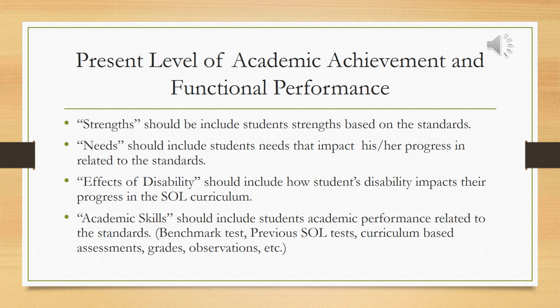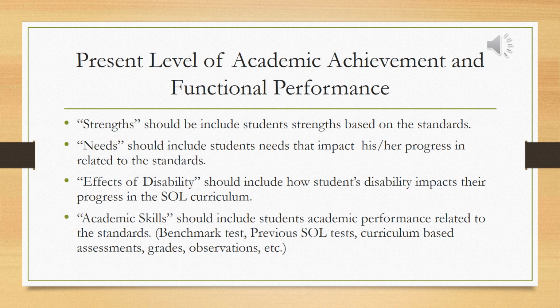When we look at the effects of the disability, we should include how the student's disability may impact their progress in the SOL curriculum. And when you're describing academic skills, it's very important to discuss how that student is performing academically in the actual curriculum.